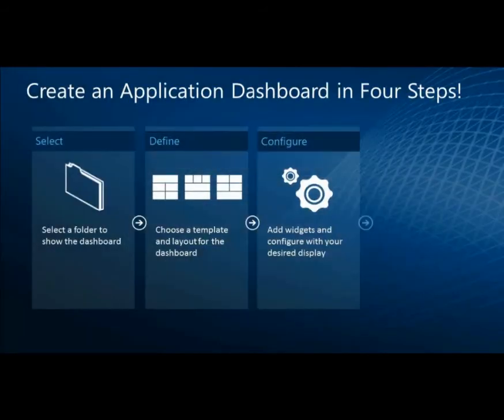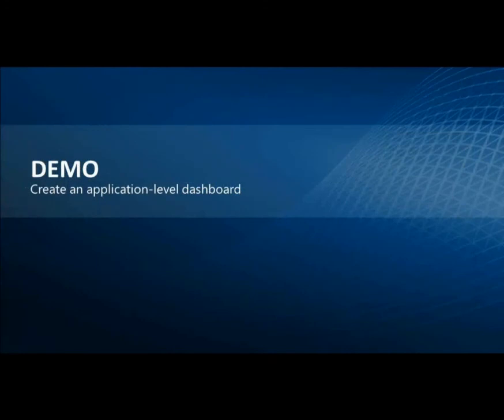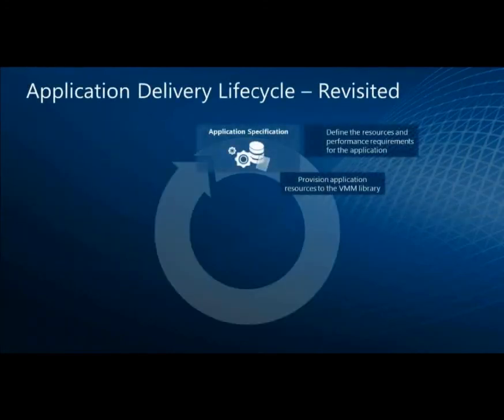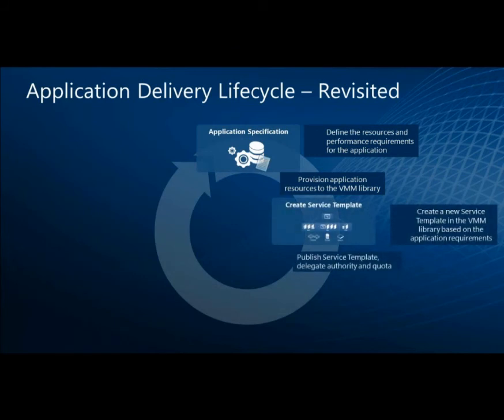Okay, so we'll jump back and finish out the slide. We went through that one, sorry. Okay. So let's just revisit that application delivery lifecycle as we close out. If we look at the application specification, we talked about defining the resources, managing all those underlying resources, provisioning those resources between the virtual machine manager libraries and keeping them in synchronization, creating new service templates, publishing those service templates, making them available, the delegated delegation model, with the authority and the quota enforced.